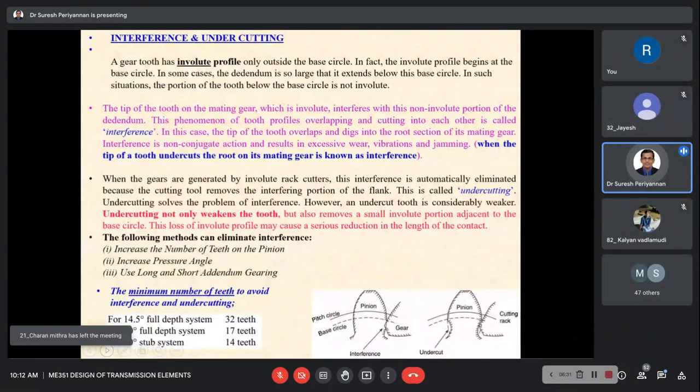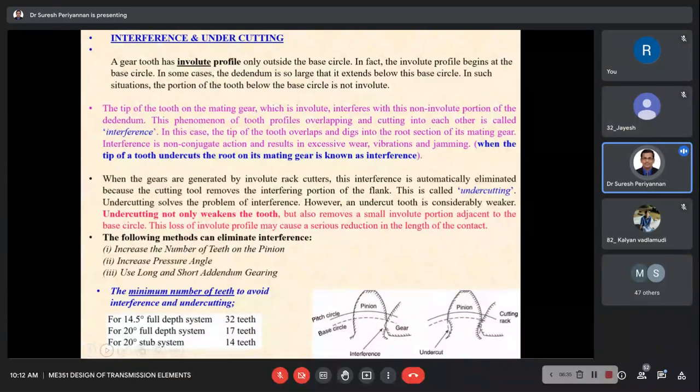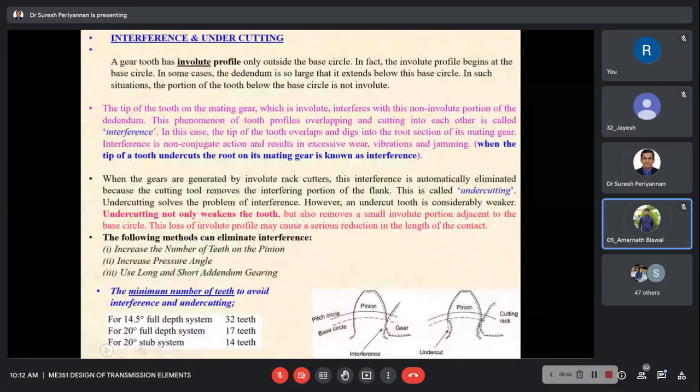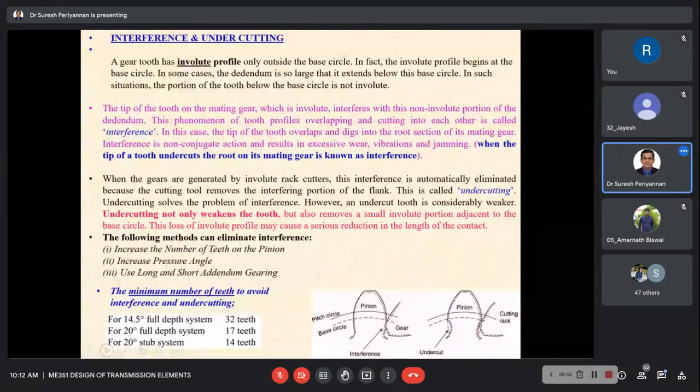Do you have any doubt in yesterday's class about whatever we discussed? Involute profile, cycloid profile of the gear tooth, and some of the things we discussed. Yes, tell me. Clear, sir. You don't have any doubt? No doubts from me, sir. Okay, thank you.